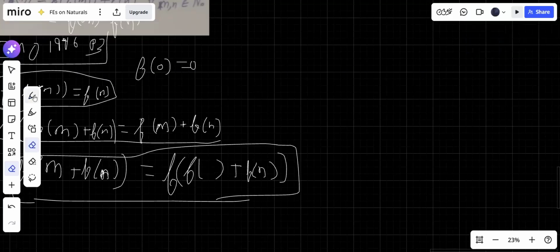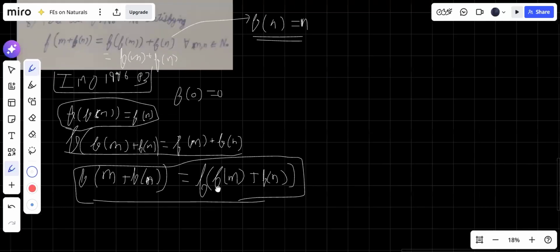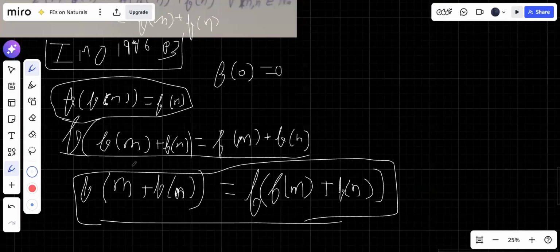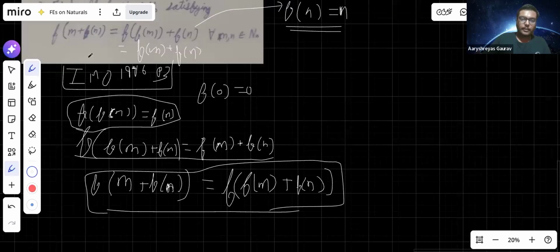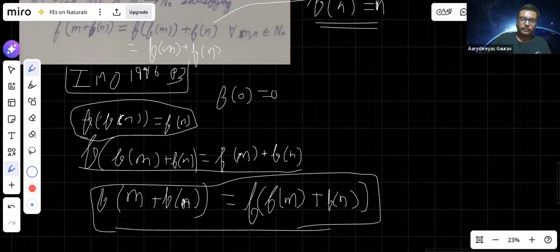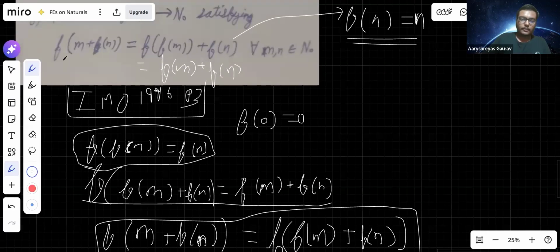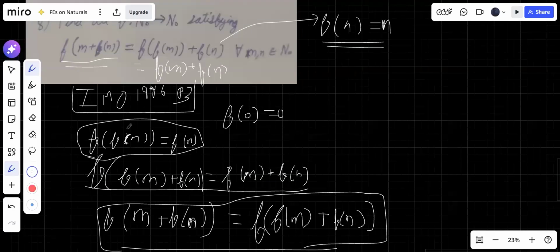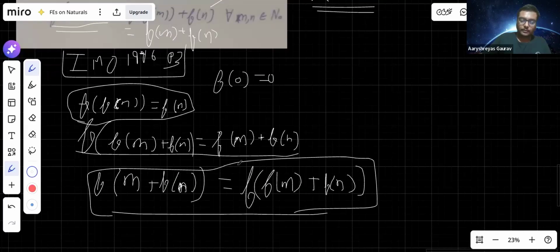No, the LHS simplifies to f of m plus f of n. The right side simplifies to f of m plus f of n. Well, that actually doesn't happen. If you look closely, can you check your work once again?